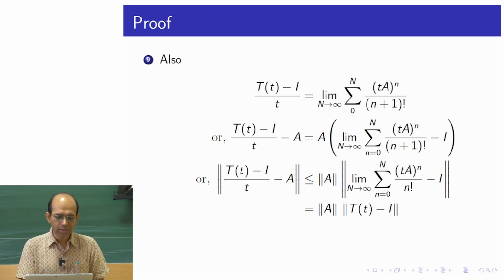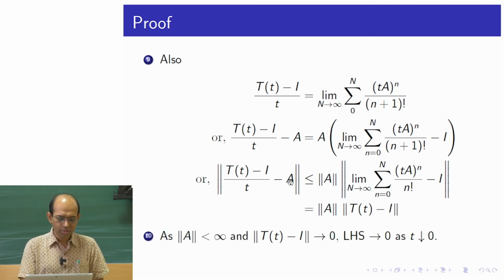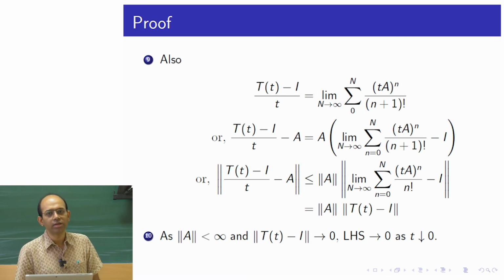It means that this limit converges to a. In other words, we have proved that A is indeed the generator of the semigroup Tt.